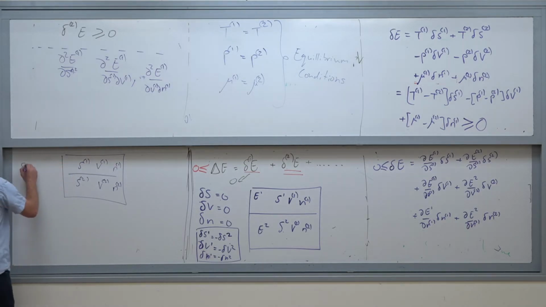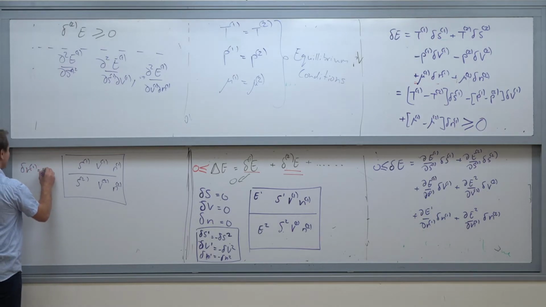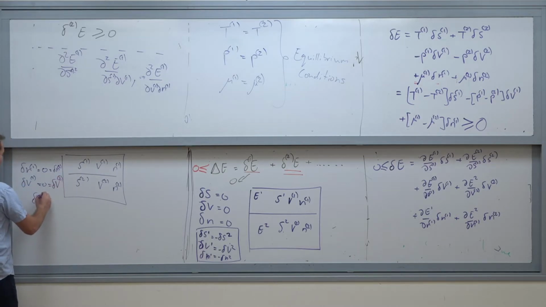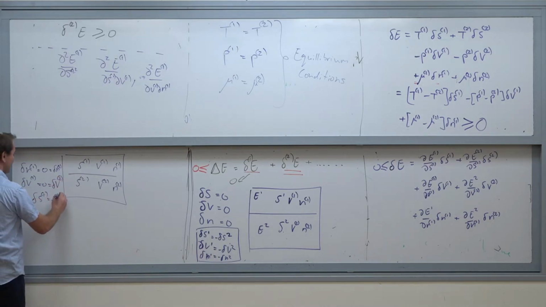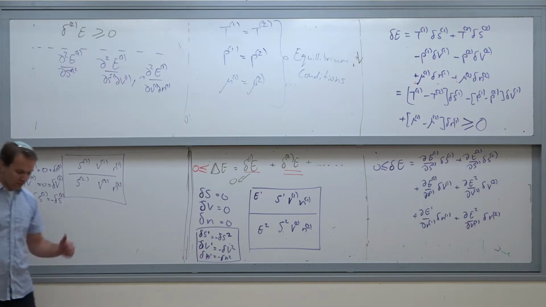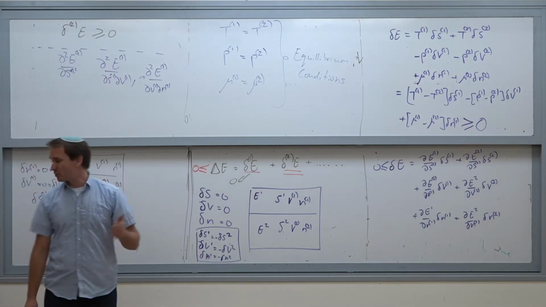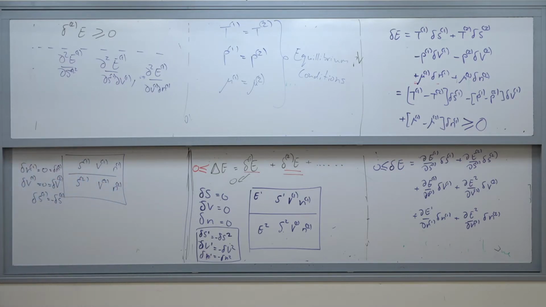So delta N1 equals 0 equals delta N2, delta V1 equals 0 equals delta V2, and delta S1 equals minus delta S2. So there is only exchange in entropies, no exchange in volume and no exchange in the number of particles.